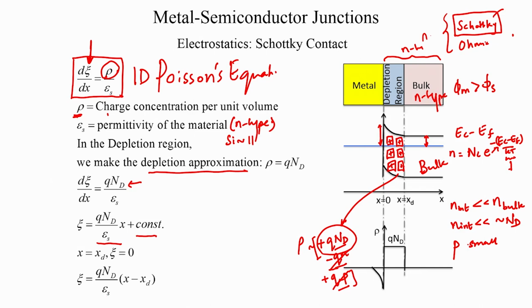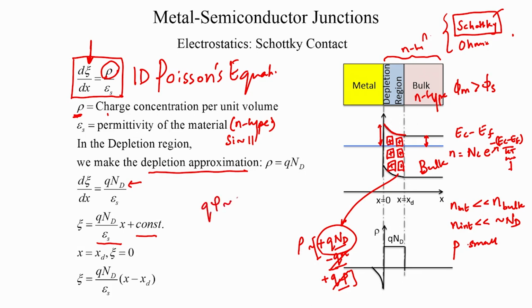What is the electric field? The electric field is there because there is a bending. This bending is also the potential. We already said that your energies are essentially Q times the potential.